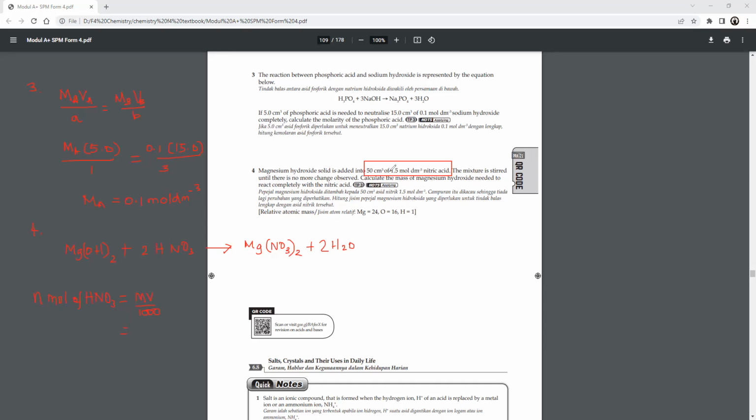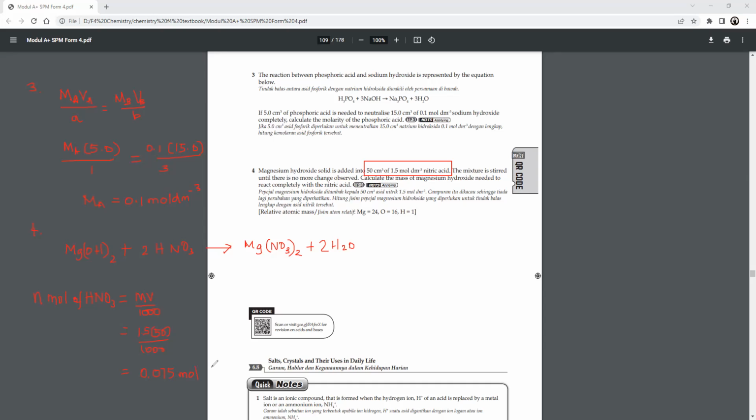MV over 1000 is M 1.5, V 50. 1.5 times 50 divided by 1000. 0.075 mole.